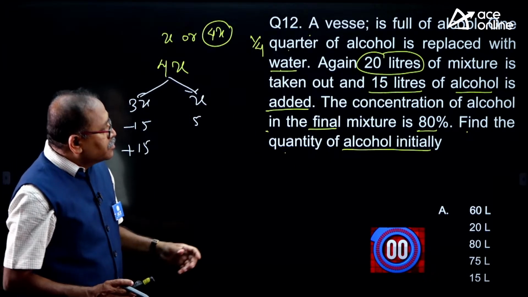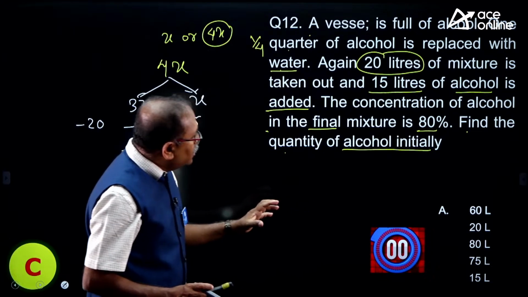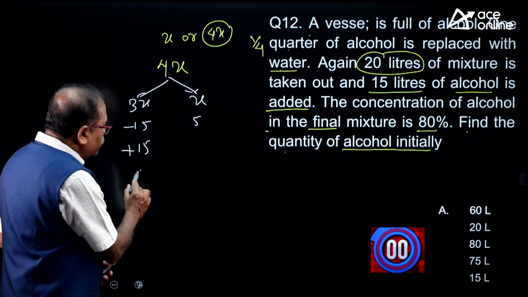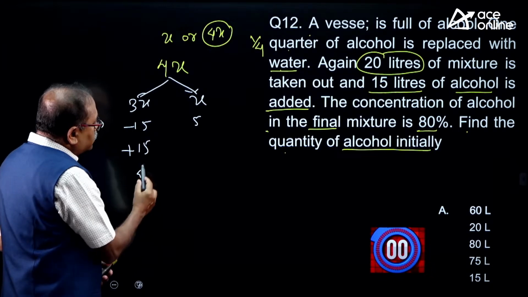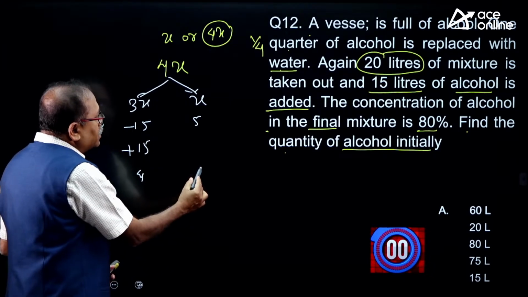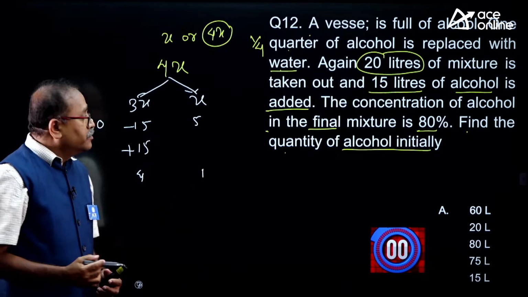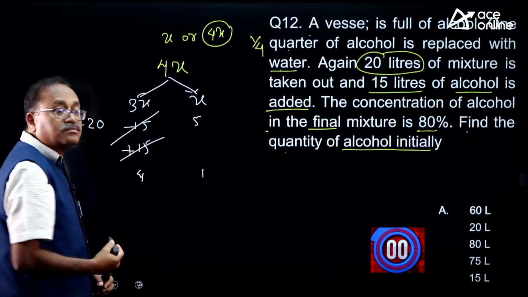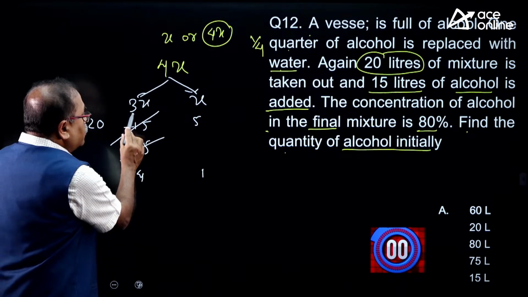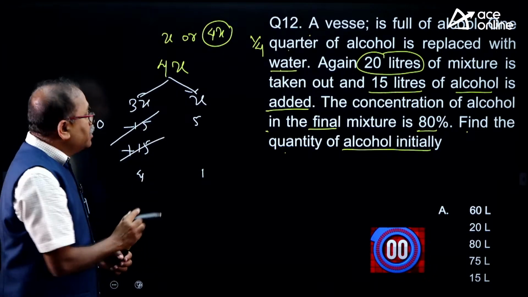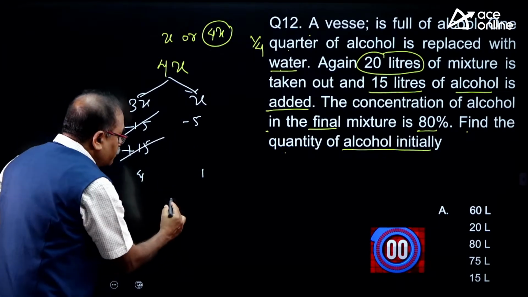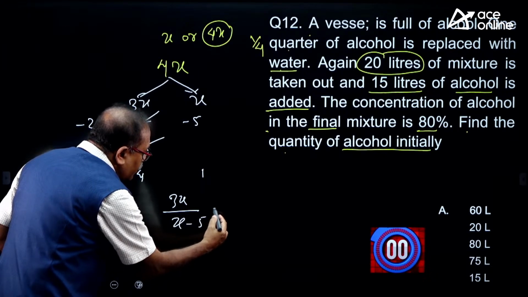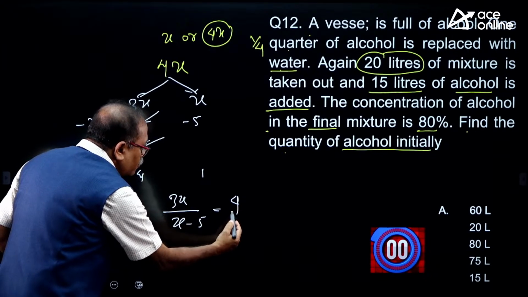80% means this is 4 parts, whereas the total is 5 parts, so this is 1 part. Did you notice that these two are getting cancelled? So I can write 3x by x minus 5 is equal to 4 by 1.